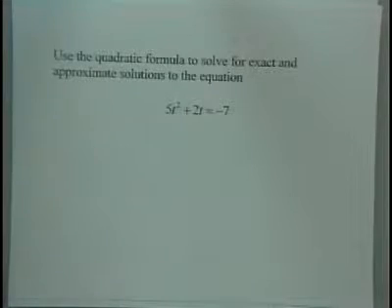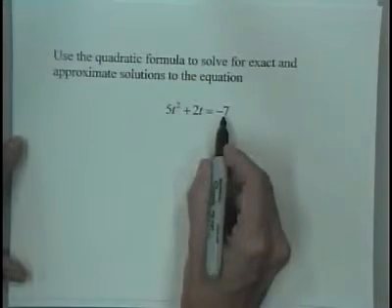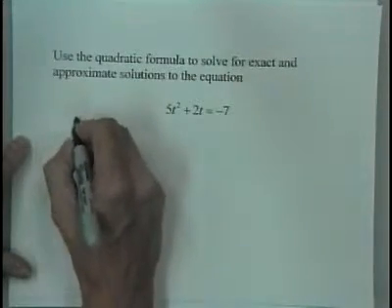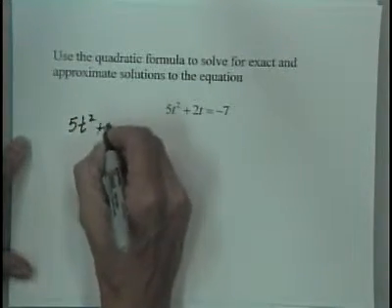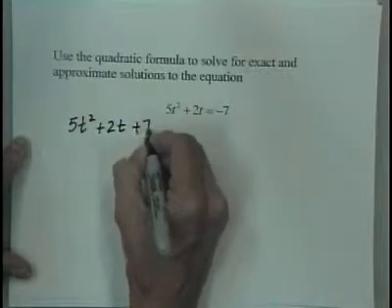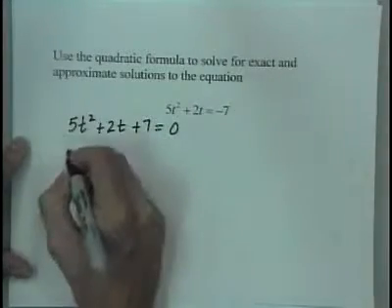Let's try another example. We want to use the quadratic formula to solve for exact and approximate solutions to 5t squared plus 2t equals negative 7. Well, this one needs to be put in standard form, and I'll do so by adding 7. 5t squared plus 2t plus 7 equals 0.